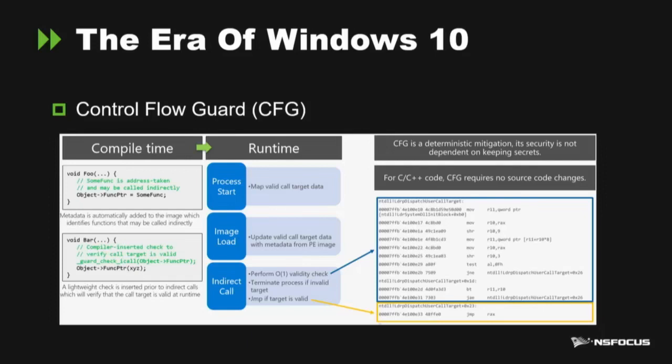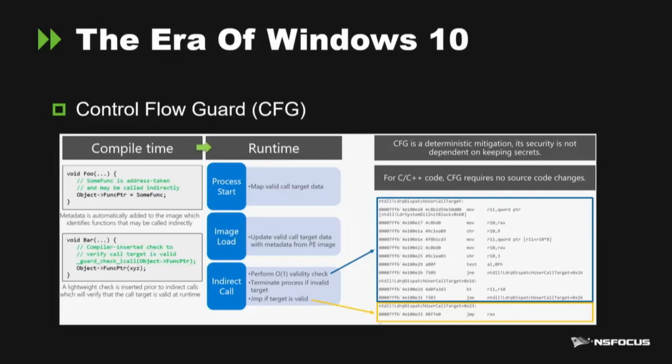At runtime, when the process starts, it will build a bitmap to mark all the valid targets. And when new modules are loaded, the CFG bitmap will be updated to mark the functions in that module.